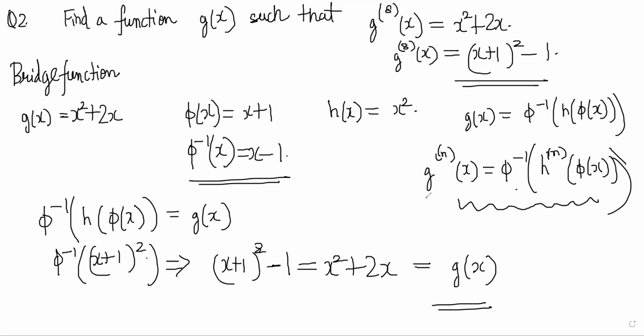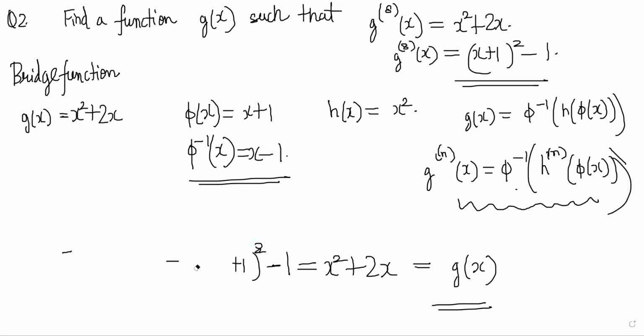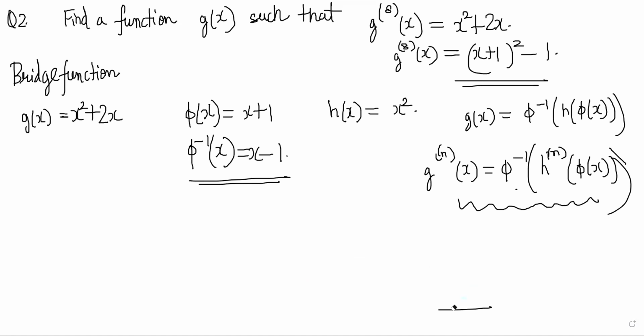So now what we will take is, if we let u as x power 2 power 1 by 8, because remember we have to get g of 8 of x is this, right? So we will define a new function u of x is x power 2 power 1 by 8, okay?